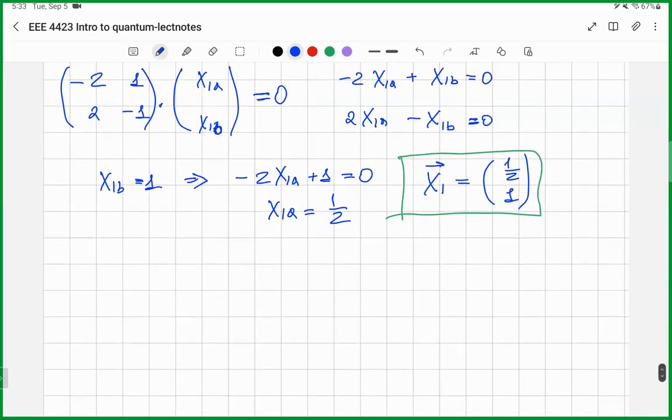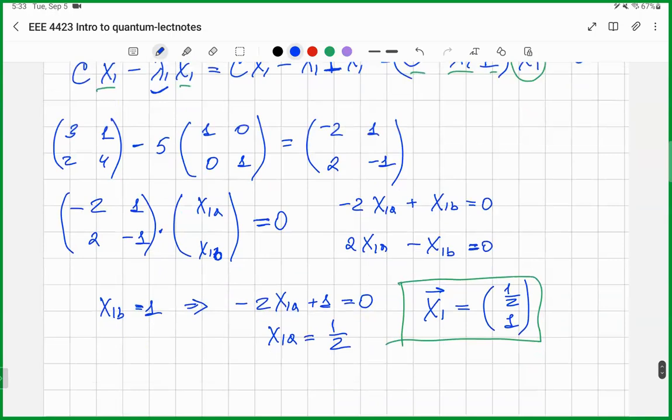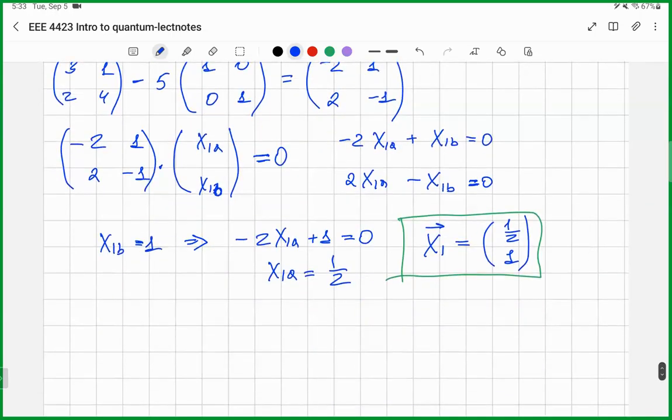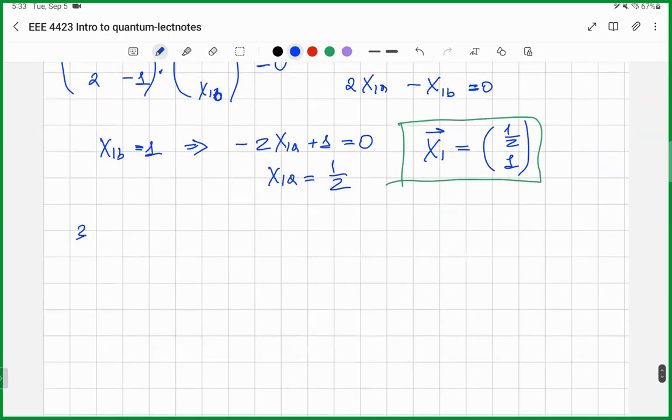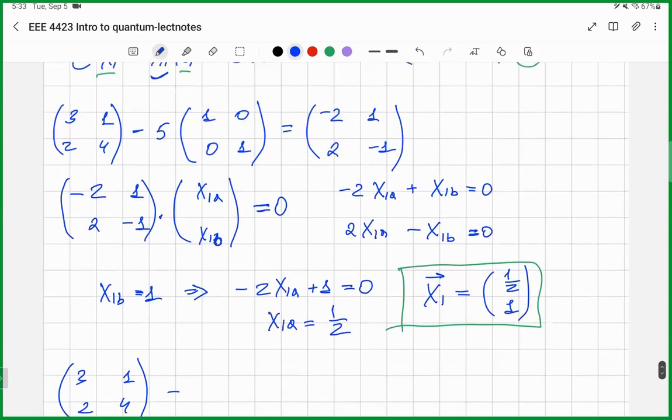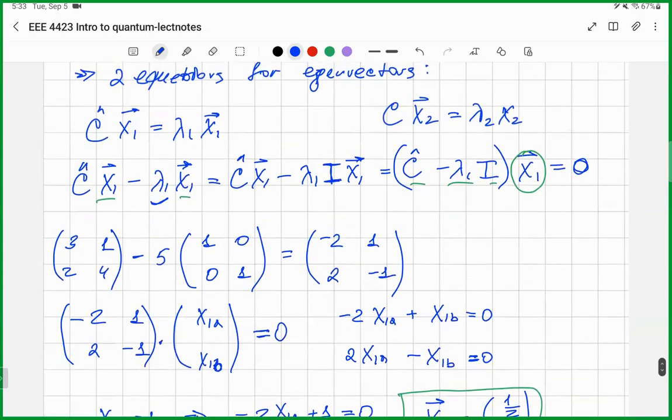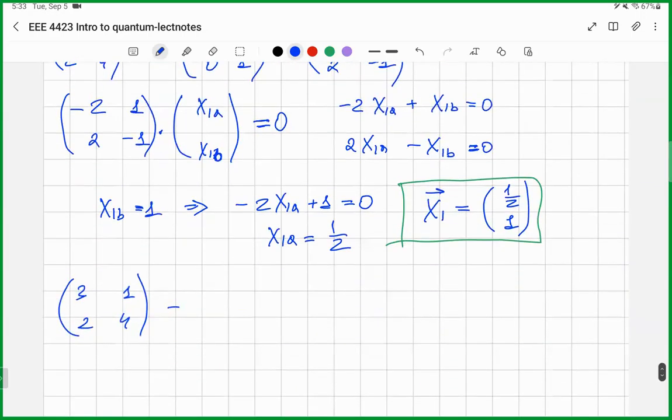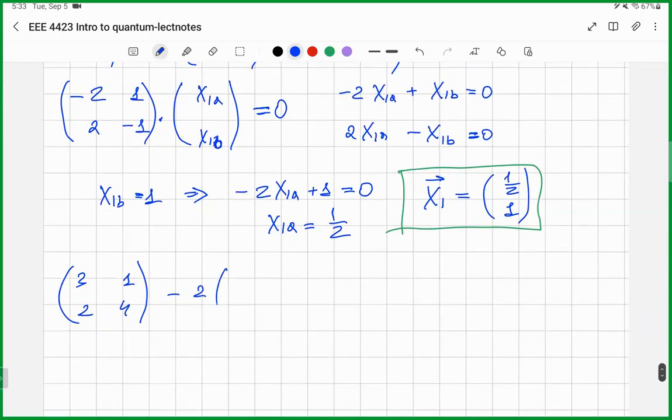Let's go and find the second vector. Again, our matrix is 3, 1, 2, 4, then minus the second eigenvalue, which is 2, times the identity 1, 0, 0, 1.